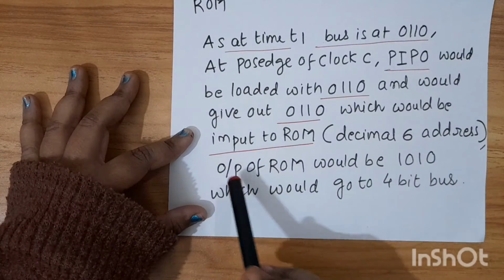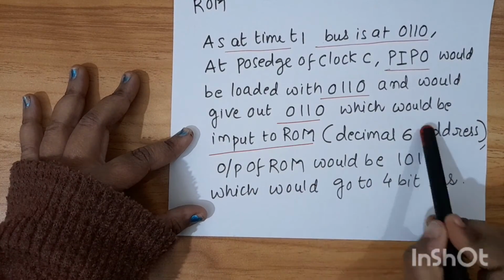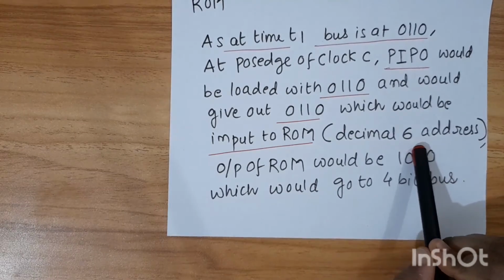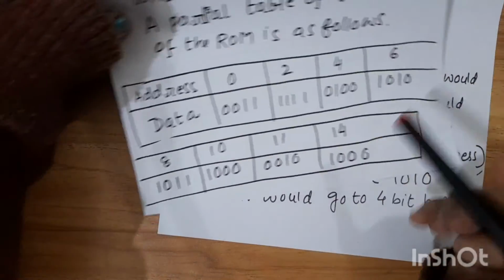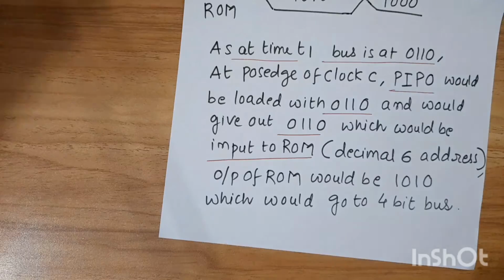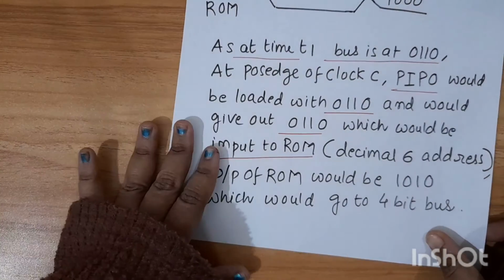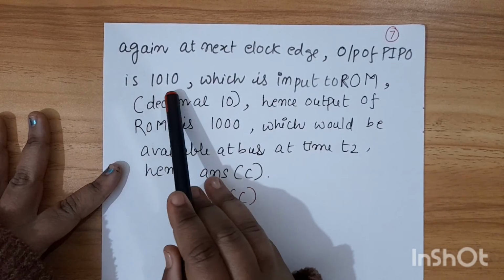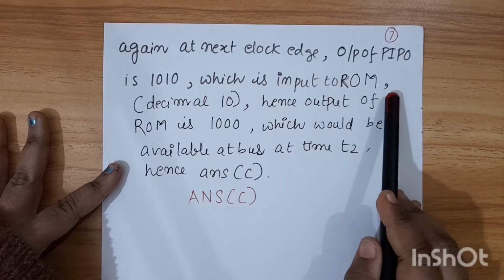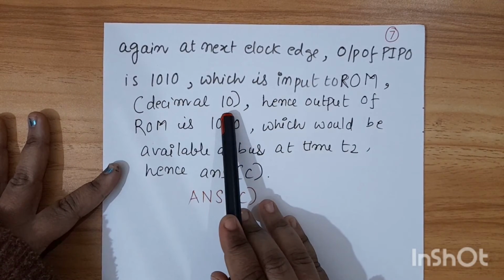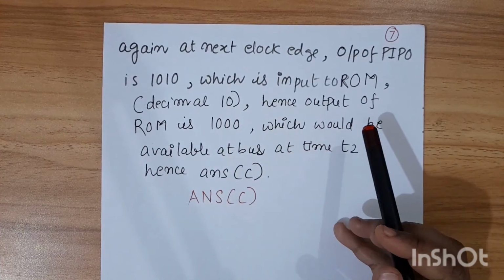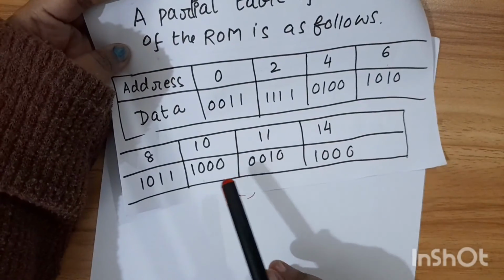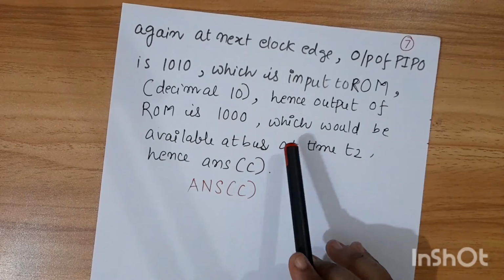So the output of the ROM would be the value corresponding to 6, that is 1010, which goes to the bus. At the next clock the output of the PIPO is 1010, which is the input of the ROM and is decimal 10. Hence the output of the ROM for decimal 10 is 1000.